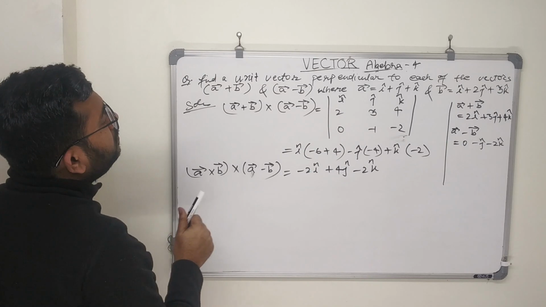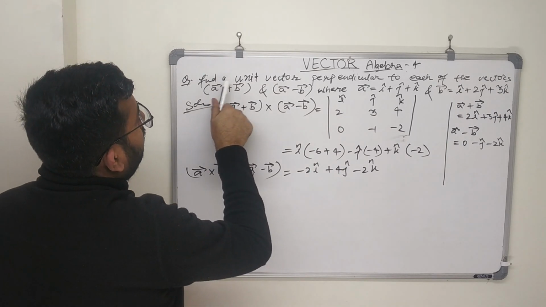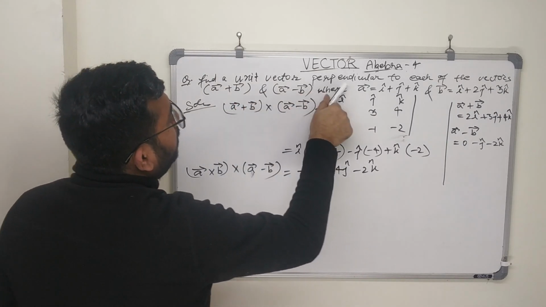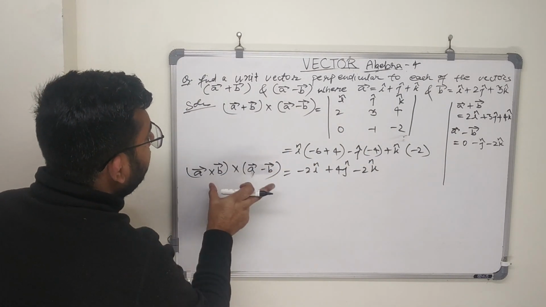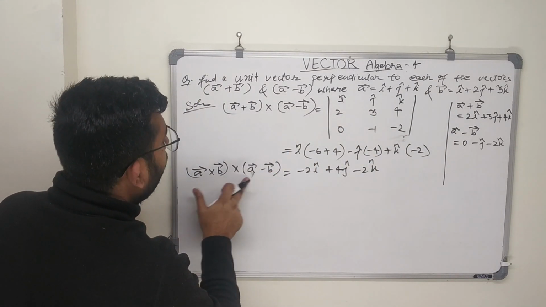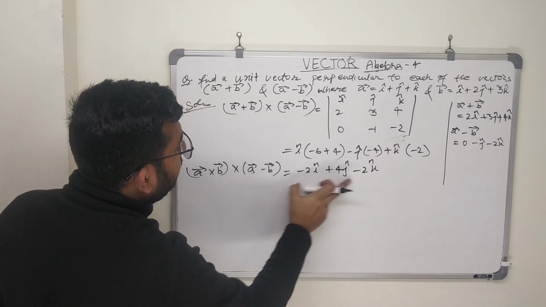But in the question, the asked vector is a unit vector perpendicular to each of these vectors. So we have to find the unit vector of this vector. For this, we have to find the magnitude of this.